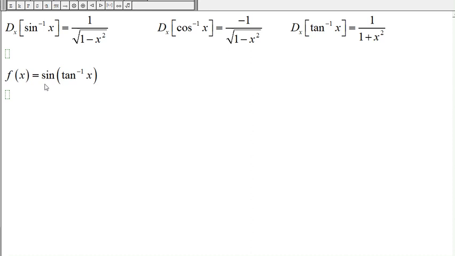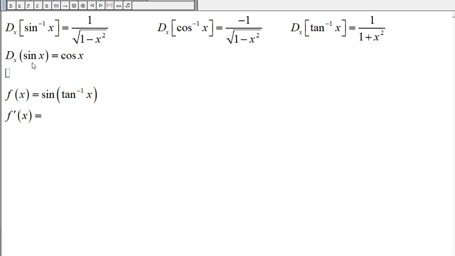Here we have the function sine of tangent inverse of x, and we want to find the derivative. And recall that the derivative of sine of x is just cosine of x.